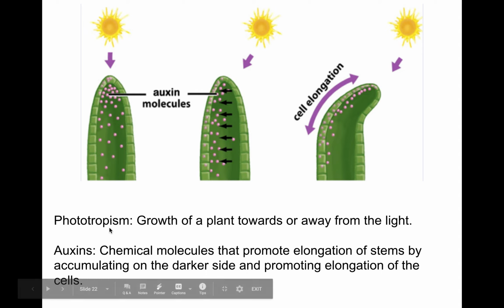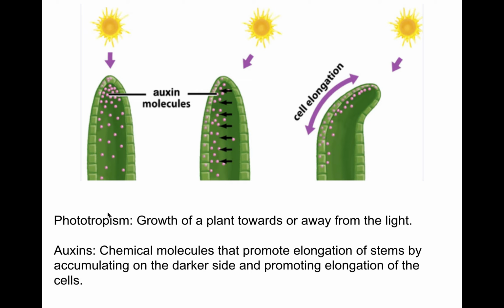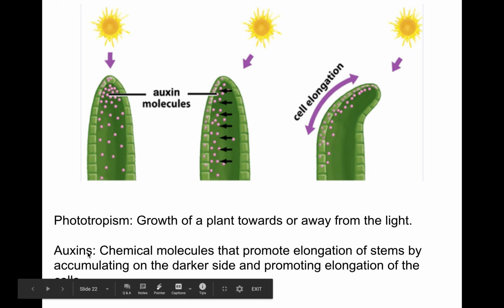So if they're going to grow towards the light, typically you're going to have a lot of different hormones that are involved in that kind of behavior, that tropism. And auxins are really big players. Auxins are just chemical molecules, any chemical molecules that promote elongation of stems. And the way the auxins work for phototropism is they tend to accumulate on the darker side and then promote elongation of those cells.